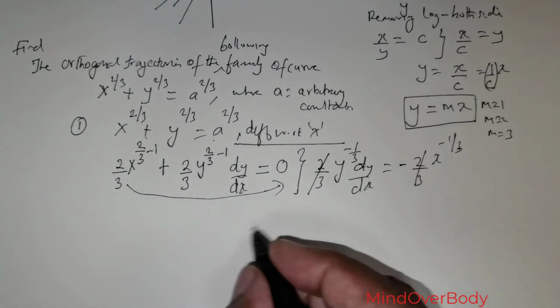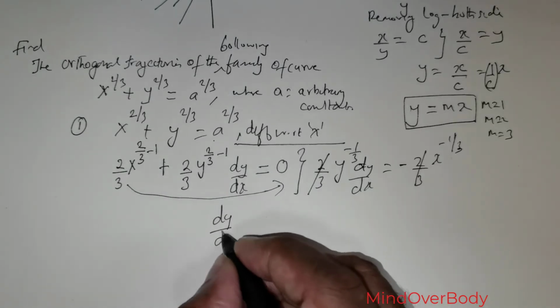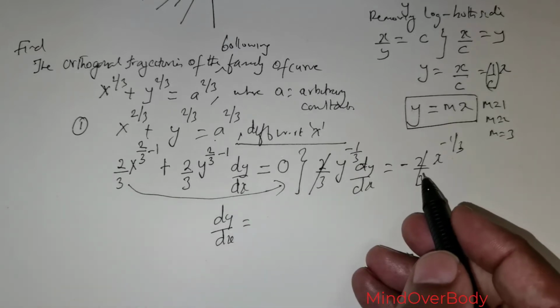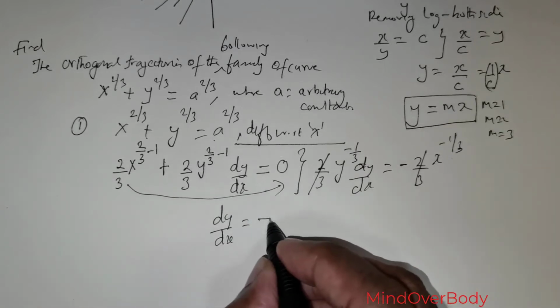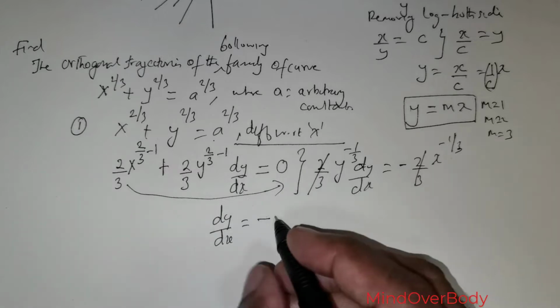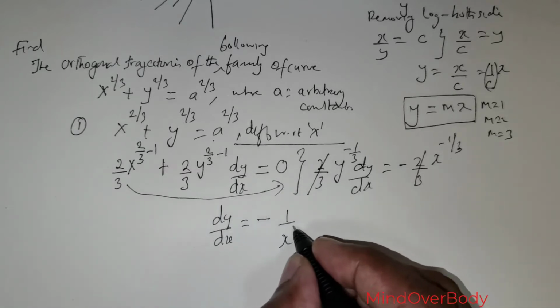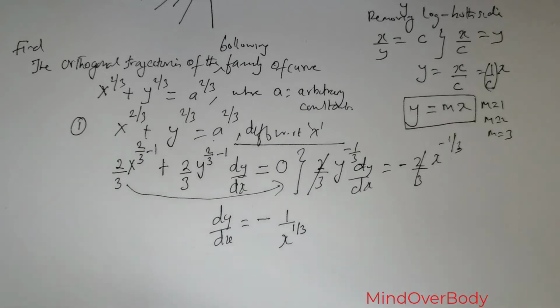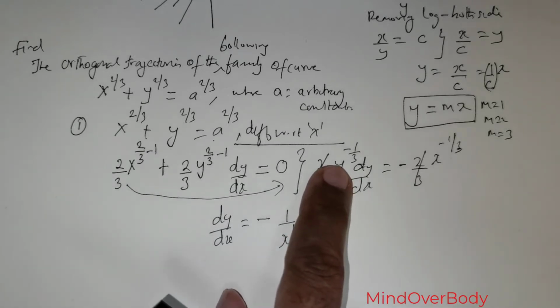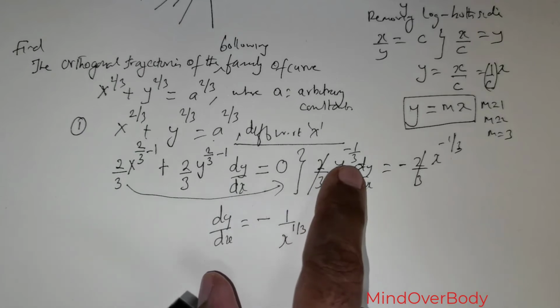So now what I've got is dy over dx on the left hand side. Now, you've got a negative sign here. Now I can actually push this x raised to the power of 1 over 3 down, so that's going to be a positive value there. Now I already have y raised to the power of negative 1 over 3.